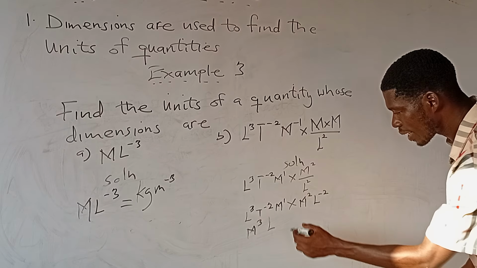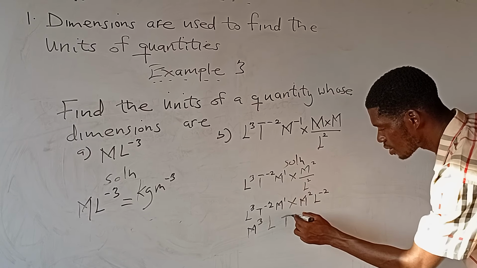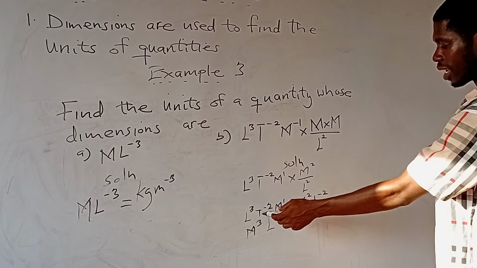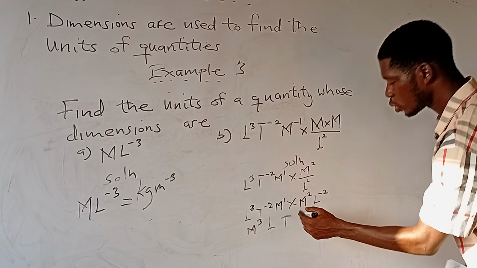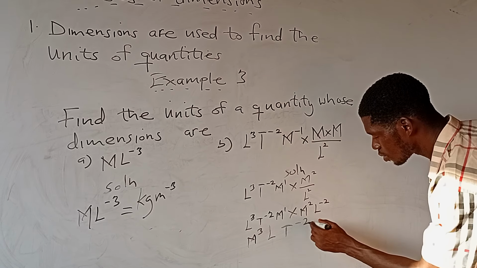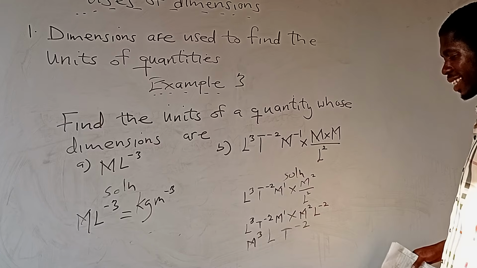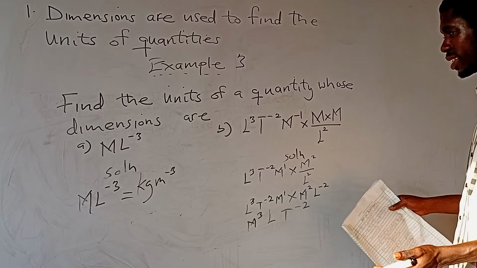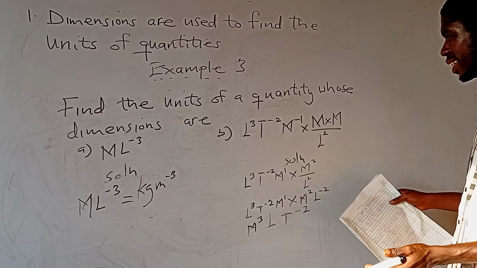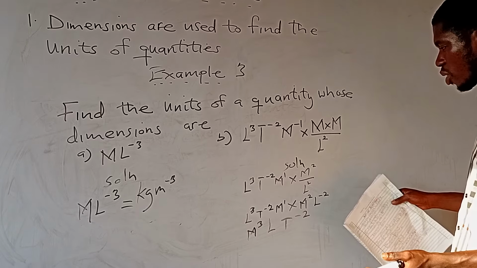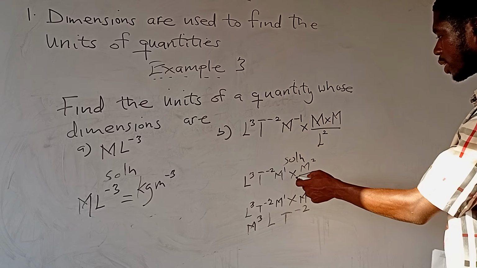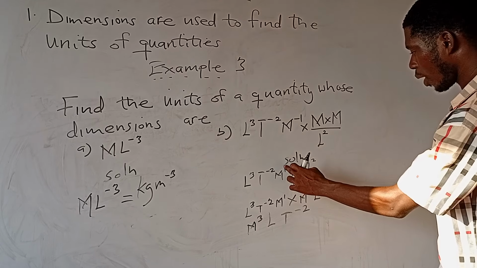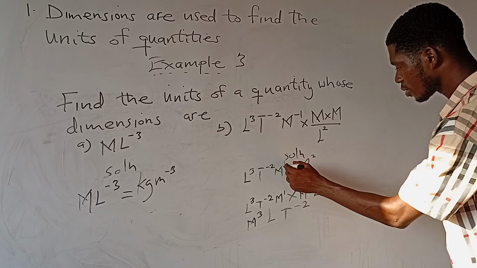Now let's come to T. We only have one T, that's this one, and it's to the power negative 2. So I think now we can find its units. I think there's a mistake here. Here is negative 1, sorry.